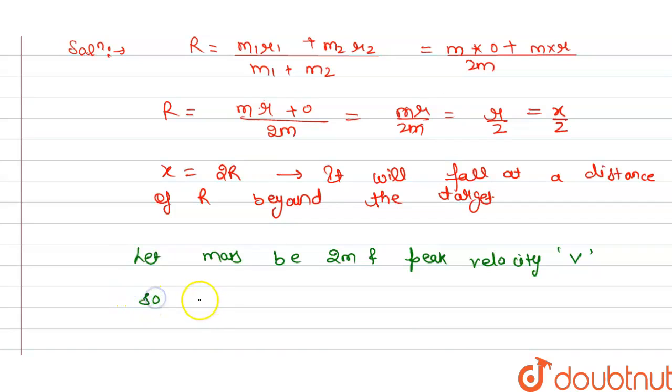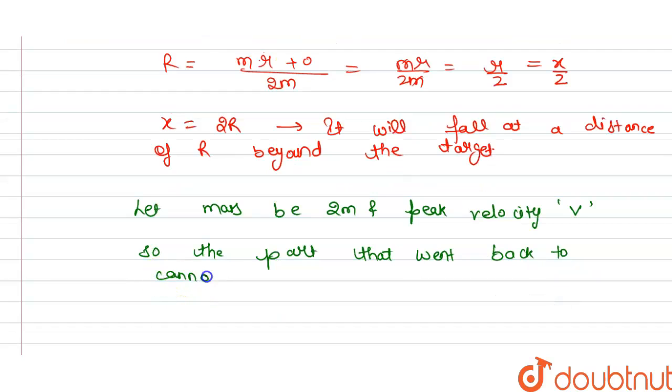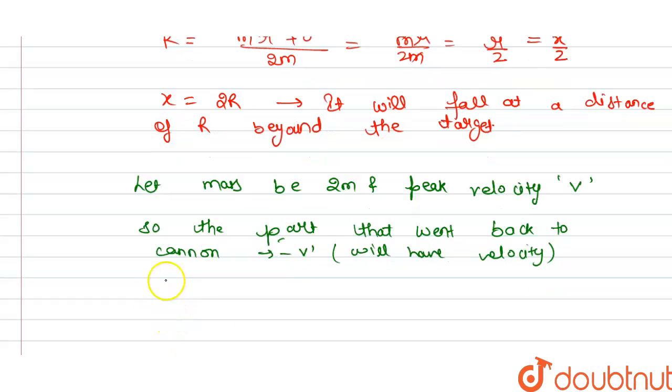So the part that went back to the cannon is equal to minus V, and the velocity of the second part will become something else here.